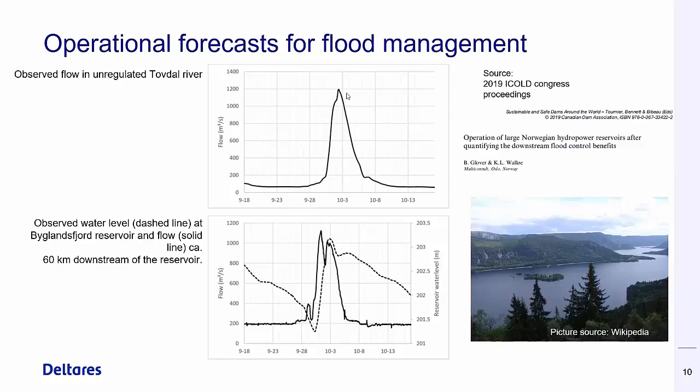What the operators have done is they have released water from the reservoir beforehand, as you can see here in the water level. This pre-release reduces the discharge downstream of the reservoir, and the purpose is to prevent floods.